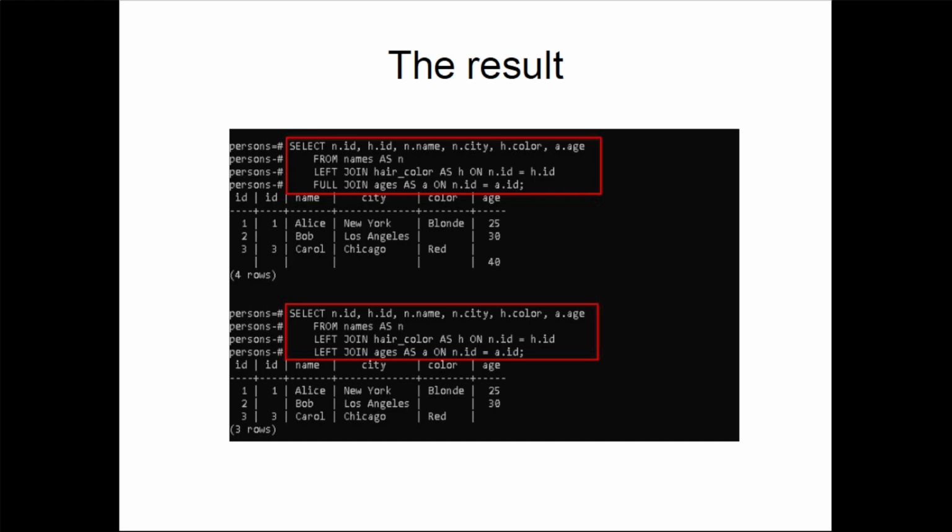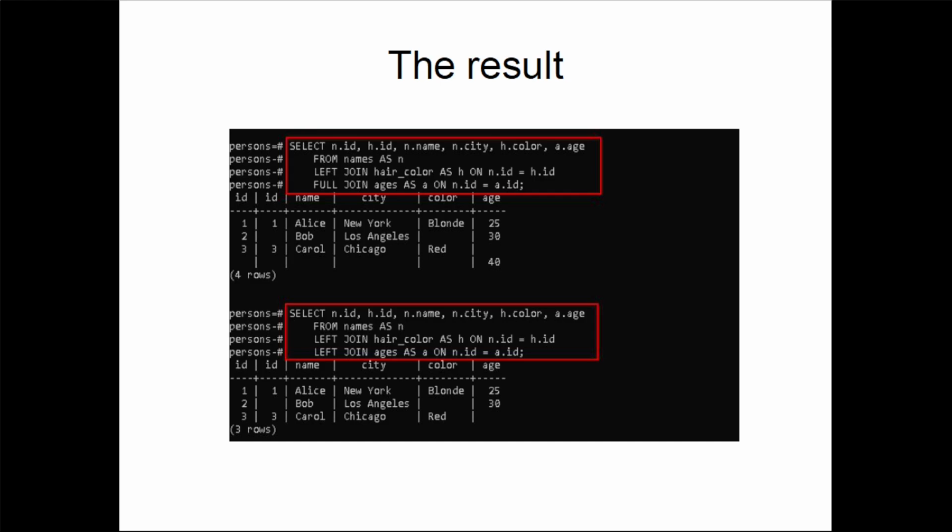We see the ID column from names with values 1, 2, and 3, Alice, Bob and Carol, and 3 cities. The ID from hair_color, the second ID column, shows 1 and 3, ID 2 is missing from the hair_color table. As you can see in the color column, there is no hair color for Bob, he has ID 2 that is missing from that table.